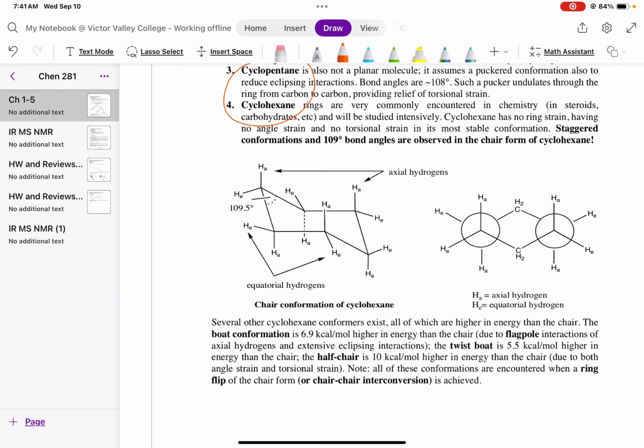Okay, for cyclohexanes, already stable, the molecule is not going to be flat, it's going to fold, bend into the chair. We call it a chair conformation, which spreads out the hydrogens. So we got 2 different kinds, the axial hydrogens and equatorial hydrogens.